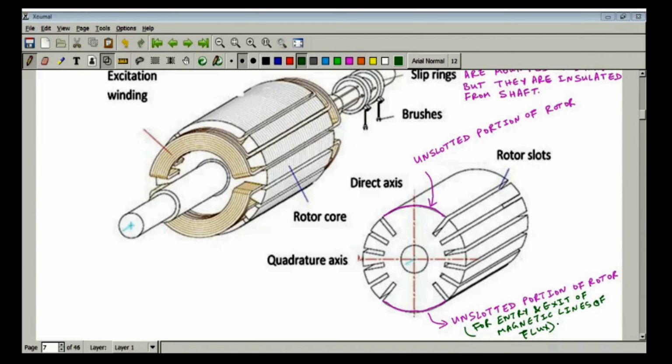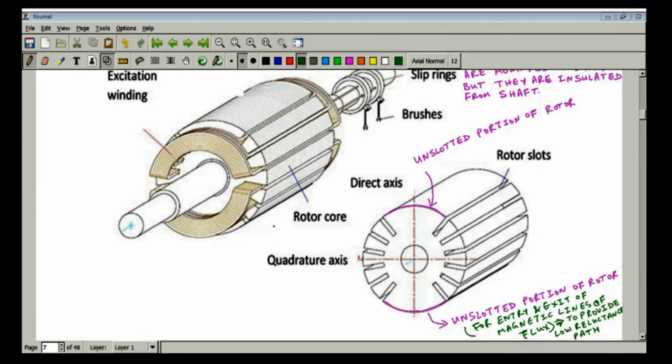Basically, we are meaning to provide a low reluctance path. That is it. The same thing can be written over here also.